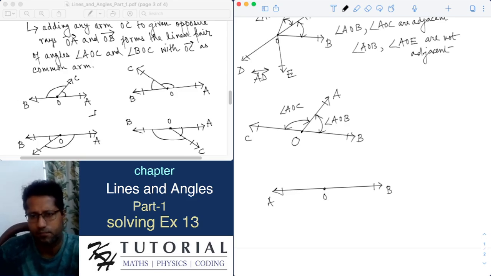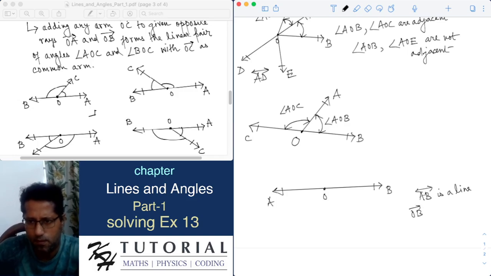Now, from the point O, if I take any arm, you can take any arm, it does not matter, it should not lie on the line AB. So any arm that is not lying on the line AB. We know that AB is a line, and OB and OA are opposite rays.